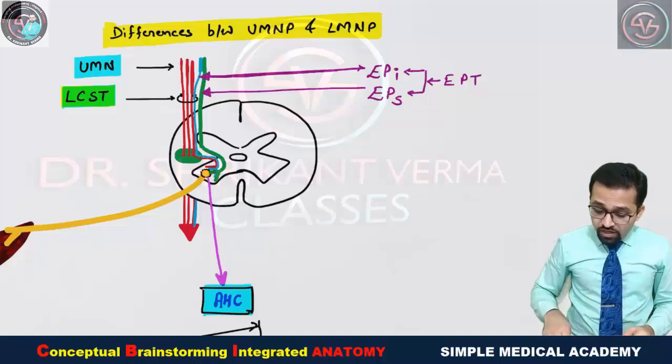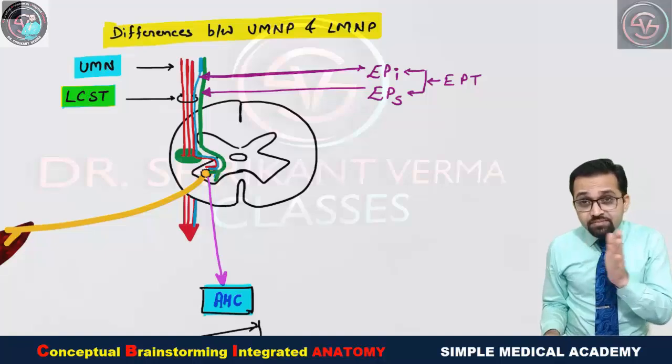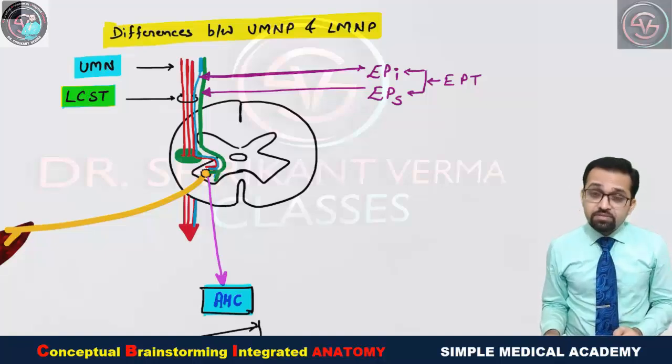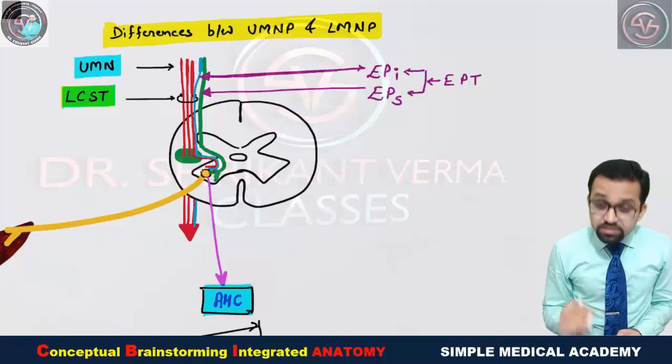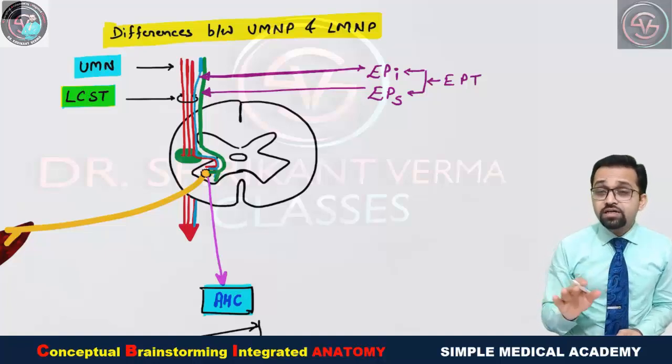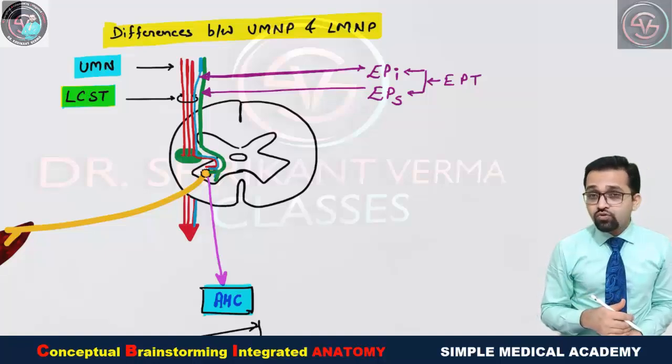Getting the point? The extrapyramidal tract inhibitory runs with the pyramidal tract, while the extrapyramidal tract stimulatory is comparatively away. So this is one theoretical concept to understand upper and lower motor neuron paralysis.